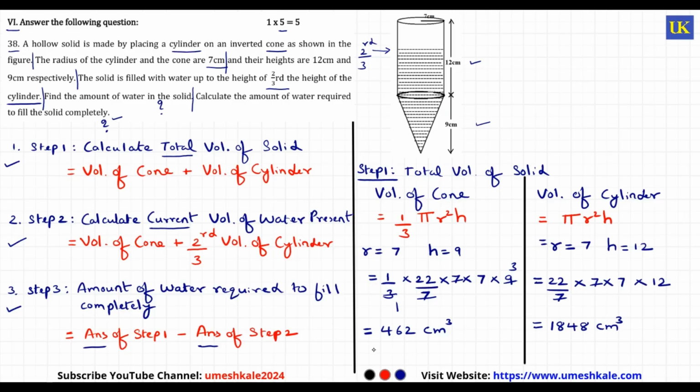Now we will total these volumes. So we'll add both these things, cone volume and cylinder volume. So total is equal to 462 plus 1848 is equal to 2310 centimeter cube.